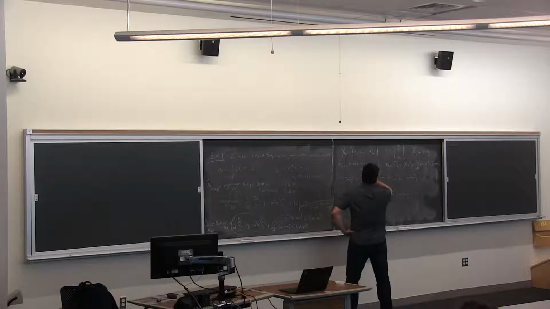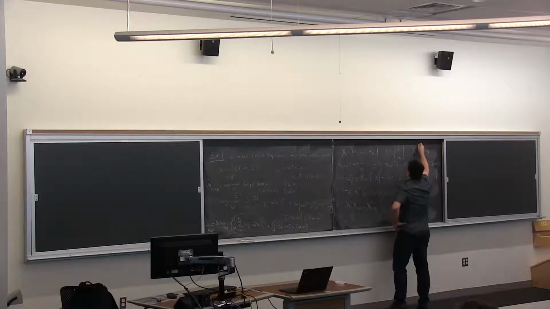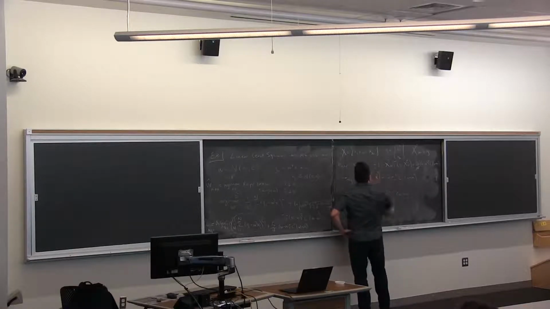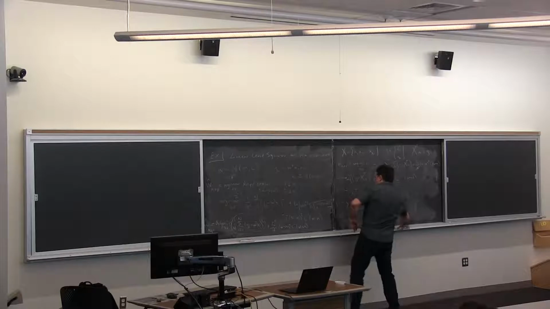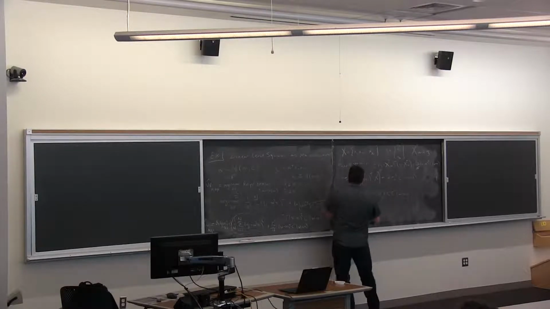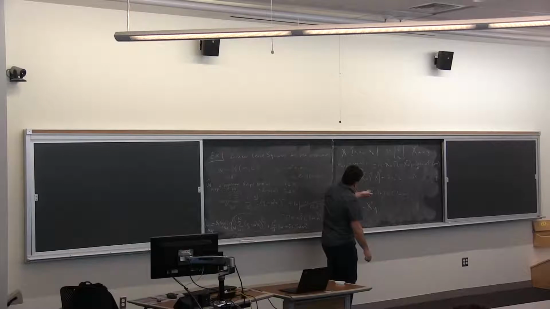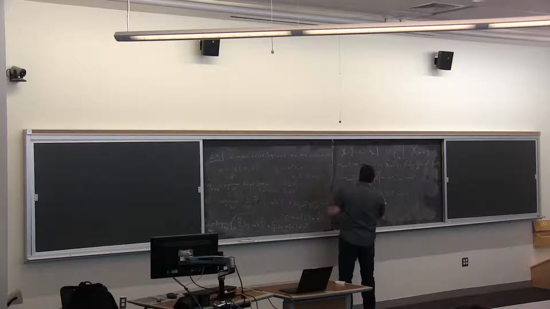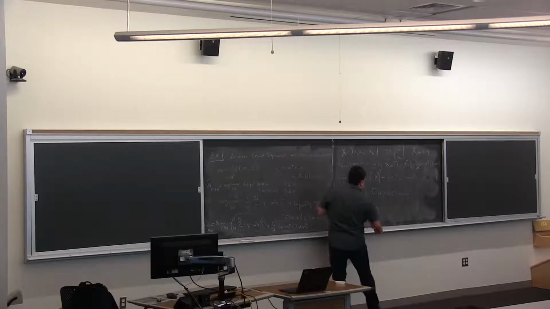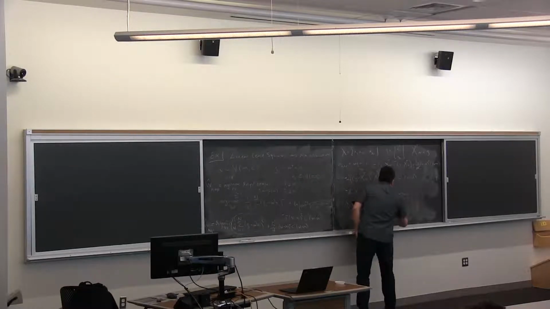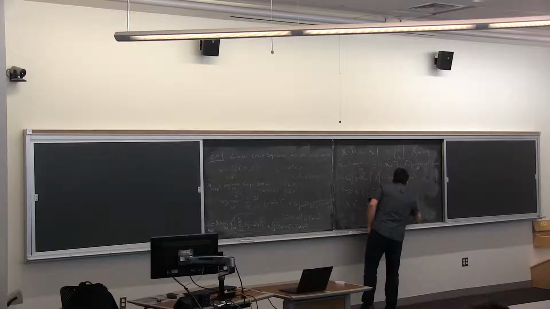Oh, because I have a mistake from all the way back. This should have been X transpose, and this should have been X transpose. So then this would be X transpose X. Okay, so now they can multiply each other. So X transpose X w, minus X transpose y, plus sigma u squared C inverse w minus sigma u squared C inverse m.